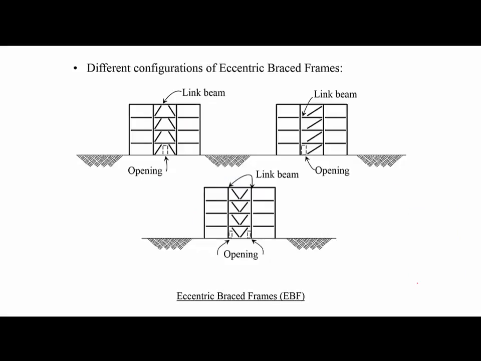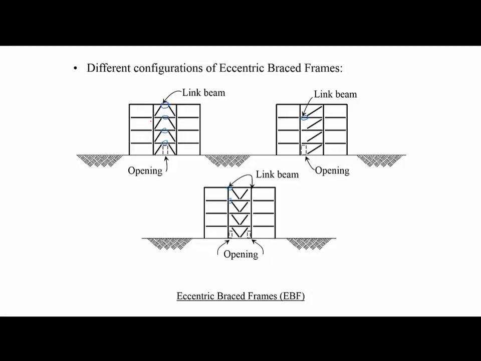Now, these are different configurations of eccentric brace frame. As you see, this is the link beam that we were talking about. These are the link beams, and they go through large deformation when the building is subjected to earthquake loading. The connections of the beams to columns are typically moment connections, which provide the ductility of a moment frame, and then we have braces which create more rigidity for the structure.